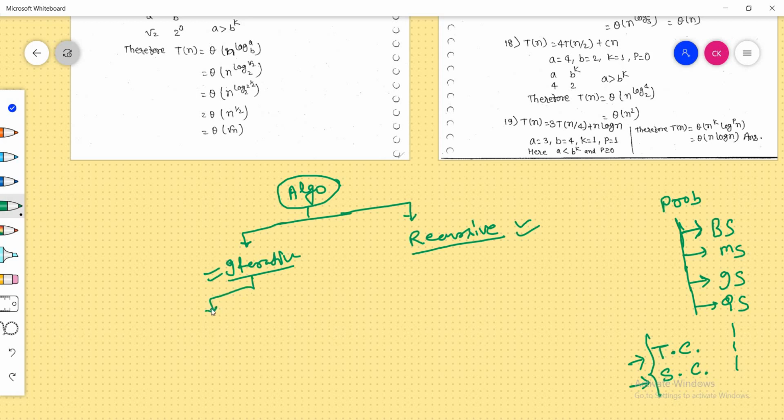To solve the time complexity of an iterative algorithm, we simply count how many times a loop is executed, because the compiler spends the majority of its time in the loops only. So this is how we can solve the time complexity of an iterative program. How to solve space complexity, we will discuss in the next video.